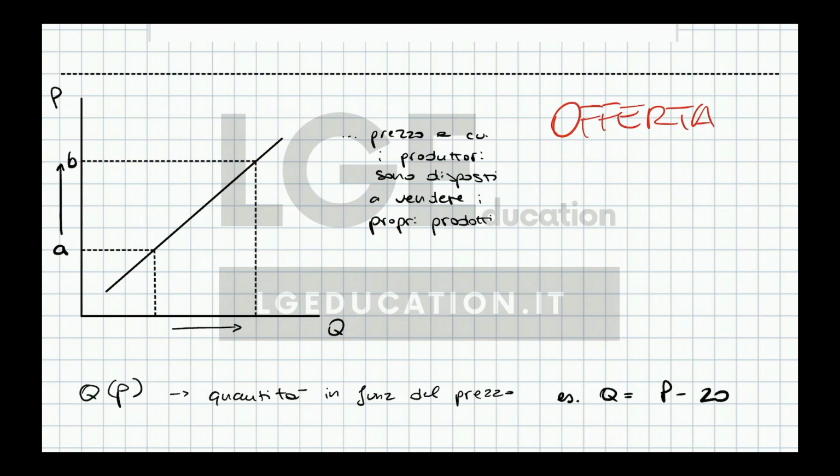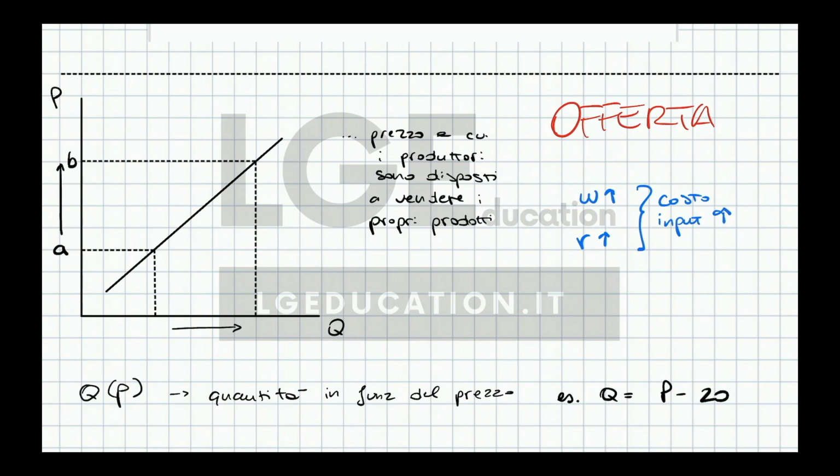But when it comes to the price of inputs, so the price of labor, which is usually the wage indicated by W, or the price of capital, usually the interest rate indicated by R, these two variables are outside of our diagram, and therefore we will have a shift of the curve. So if, for example, W increases or R increases, so if the input cost increases, we will have the supply shifting to the left.